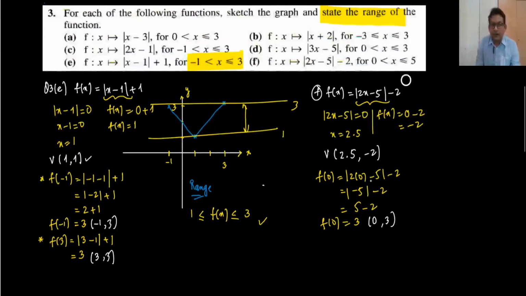Next, for the domain, using 5: 2 times 5 minus 5, and outside is minus 2. 10 minus 5 is 5, minus 2 is coming 3. So the coordinate is 5 comma 3.